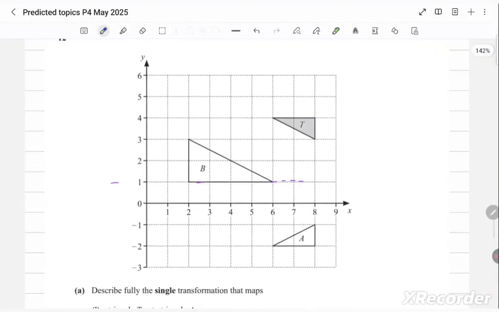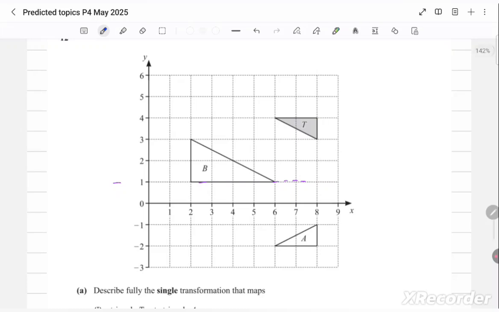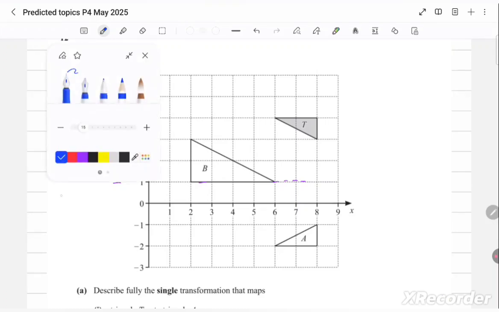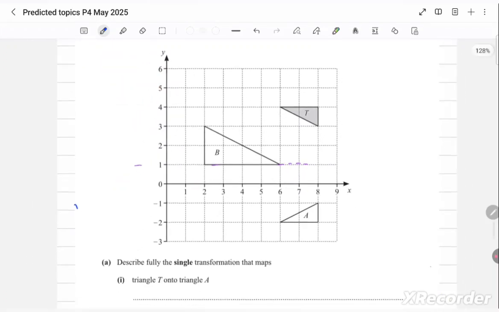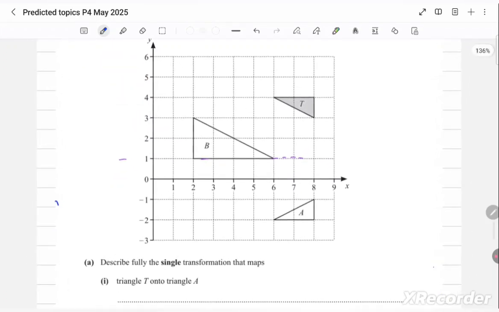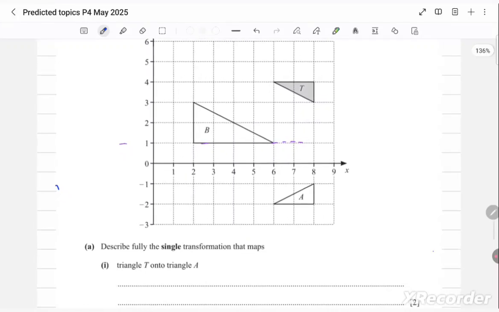Next question. In paper 2, we didn't have this type of question about transformation, so we expect to have the same. This question, the first one: describe fully the single transformation that maps triangle T onto triangle A. So from T to A, this one is a reflection.